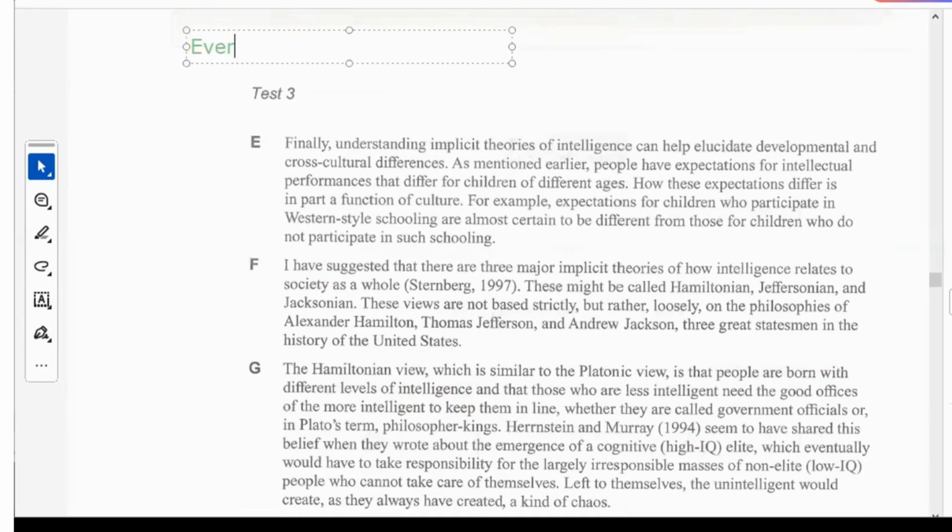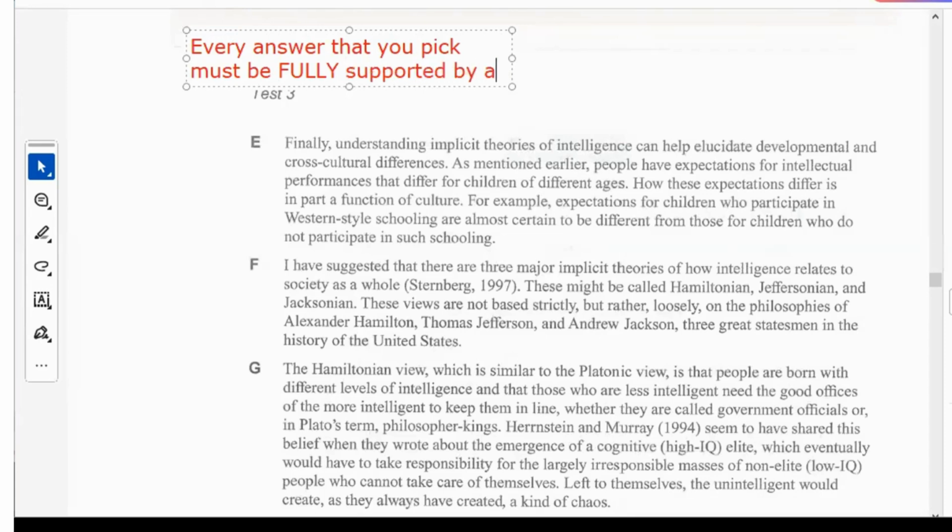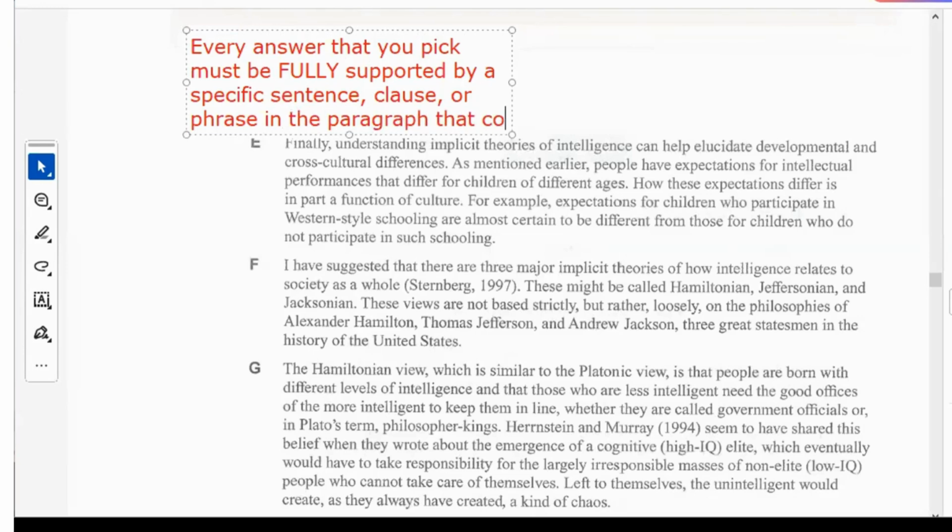Every answer that you pick must be fully supported by a specific sentence, clause, or phrase in the paragraph that contains the keywords.